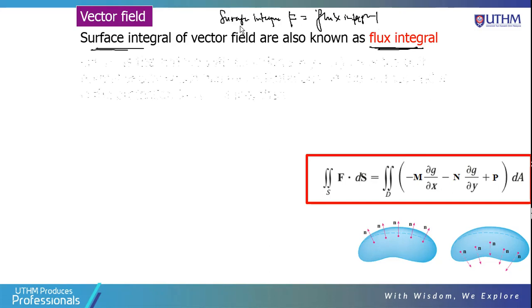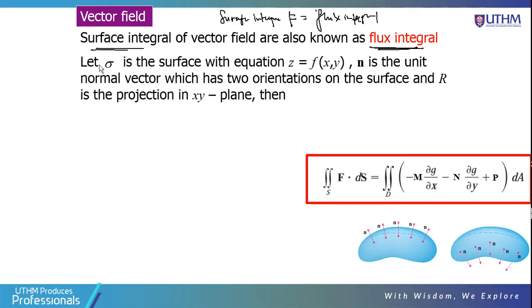Okay, same meaning. So let's say sigma is the surface function in terms of z, same as before. N is the unit normal vector, which has two orientations on the surface, and R is the projection in the xy plane. This is if the surface is z equals a function. If the surface is x equals a function, it is the same as before, F in terms of y and z.